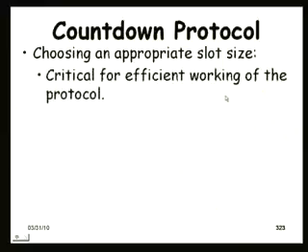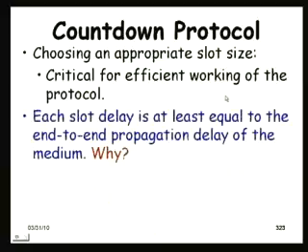Choosing the size of this arbitration interval and the slot size is very important. The size of the arbitration interval should be equal to the end-to-end propagation delay of the medium.